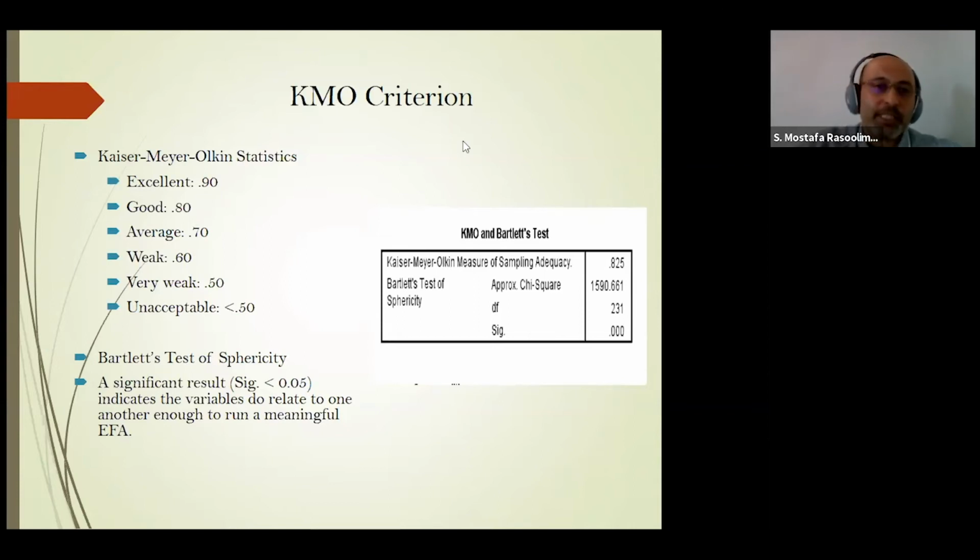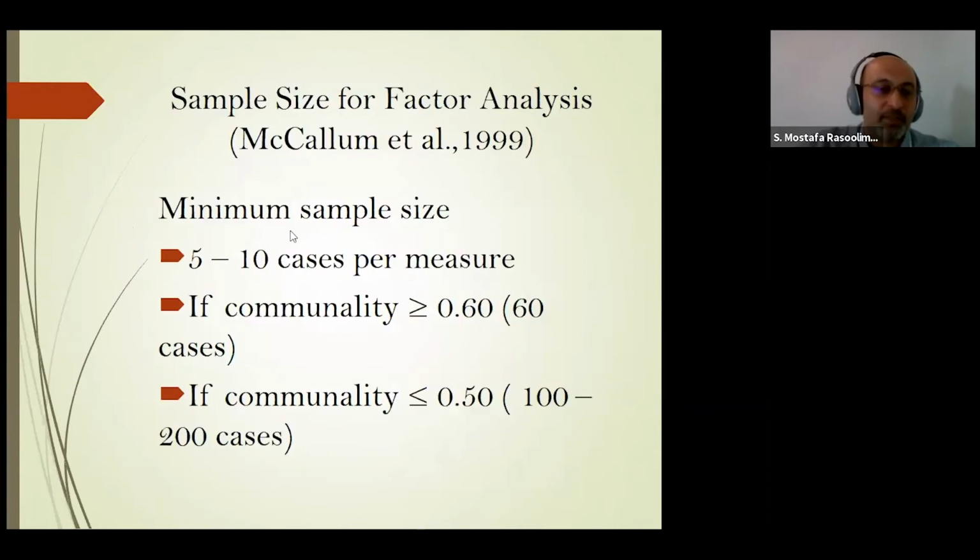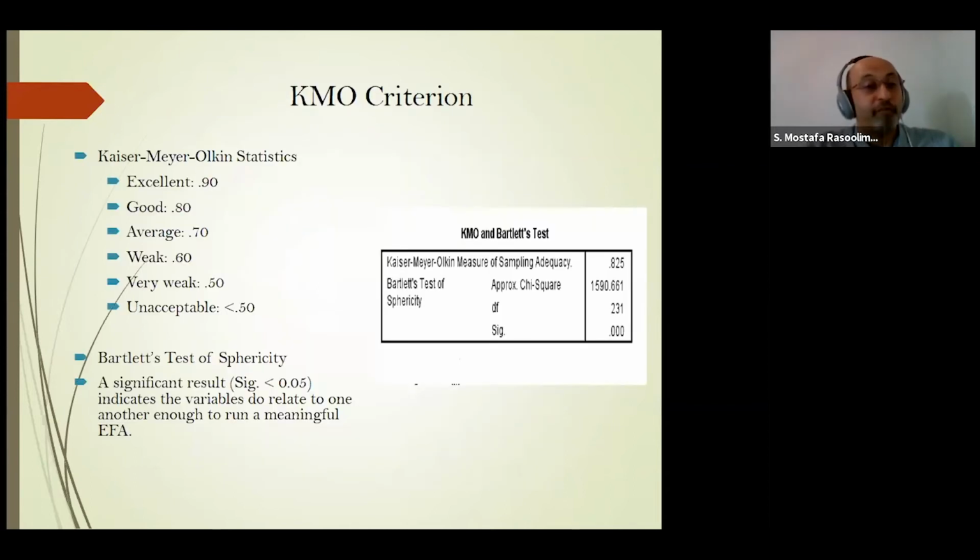Here we discussed minimum sample size, but when you have a sample and you are not sure it is enough for performing analysis, you can use this criterion, KMO. And 0.9 and higher is excellent, so your data is very good to run factor analysis.